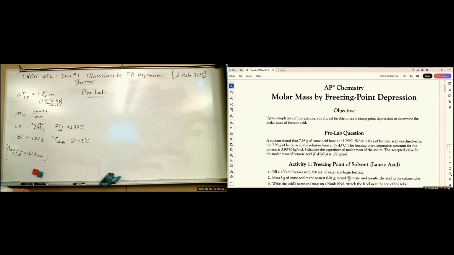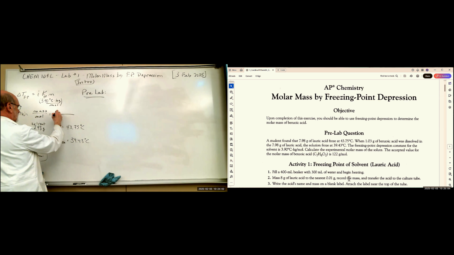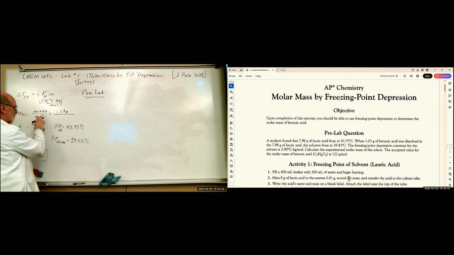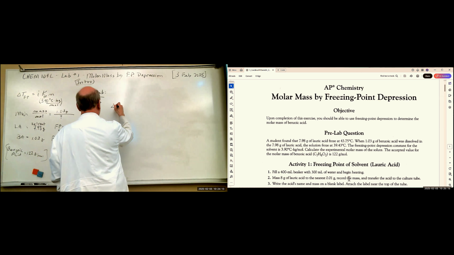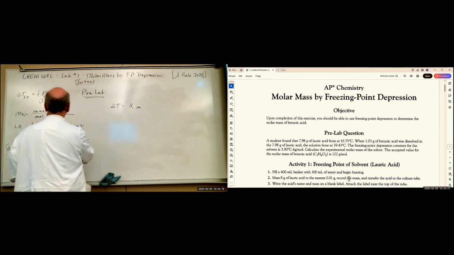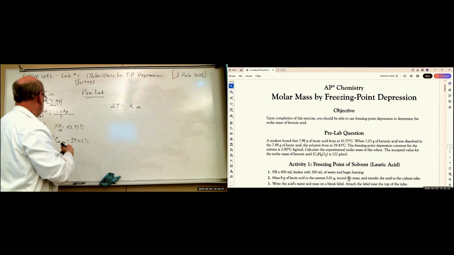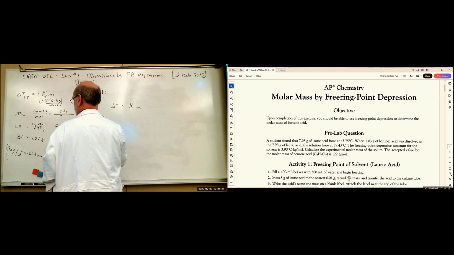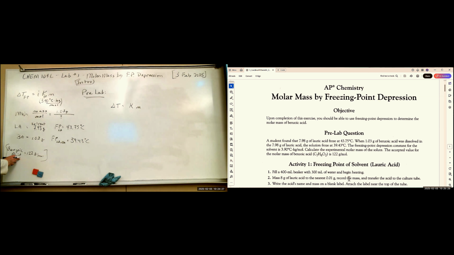If we're going to calculate molecular weight, what do we have at this point? We do have the mass of benzoic acid already, 1.03 grams. What we need is the number of moles. So we take the formula delta T equals Km. We can't assume i is 1 here, but benzoic acid doesn't dissociate significantly.